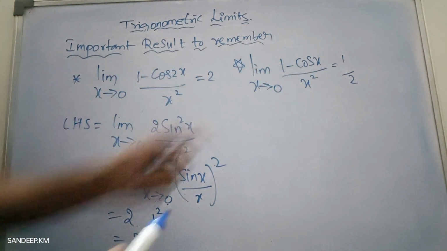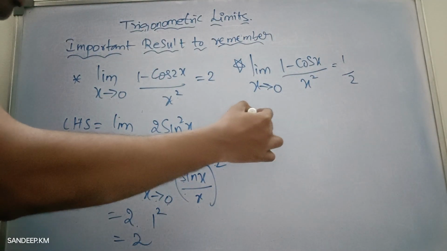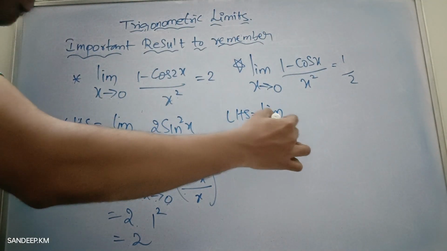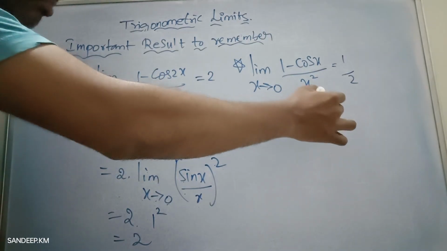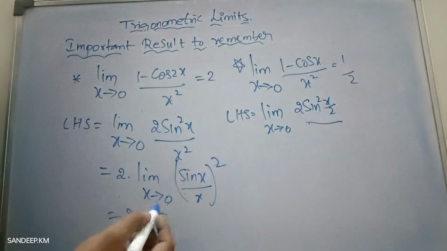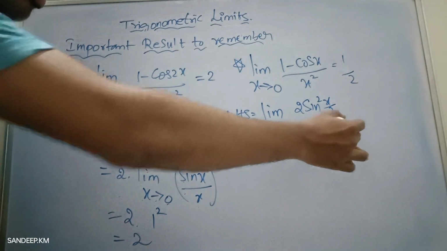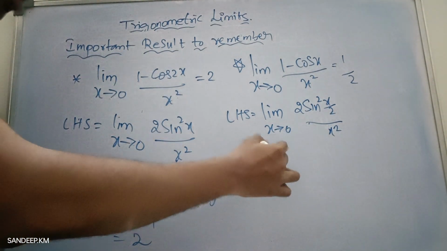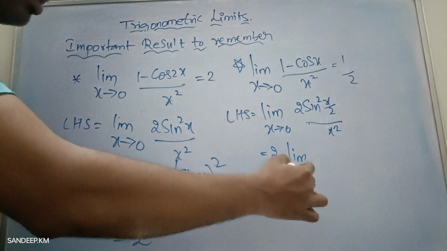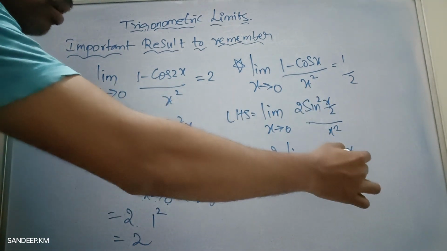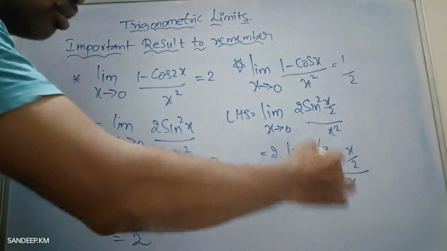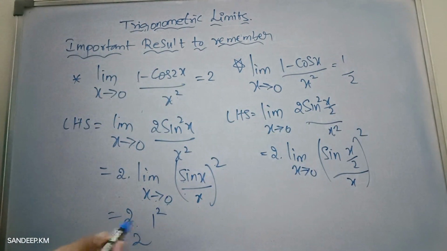Now what about this one? Again I will take LHS. Limit x approaches 0, 1 minus cos x is 2 sin square x by 2, and here we have x square. Now you can take 2 outside. It is limit x approaches 0, sin x by 2 divided by x, whole square. Please observe one thing, dear students.